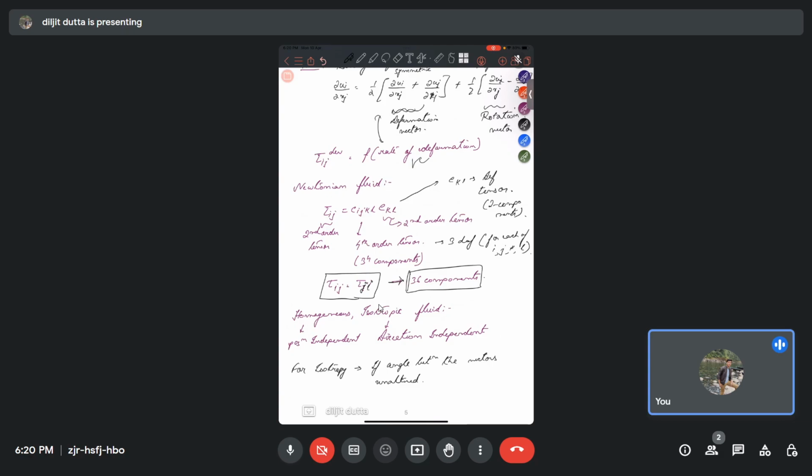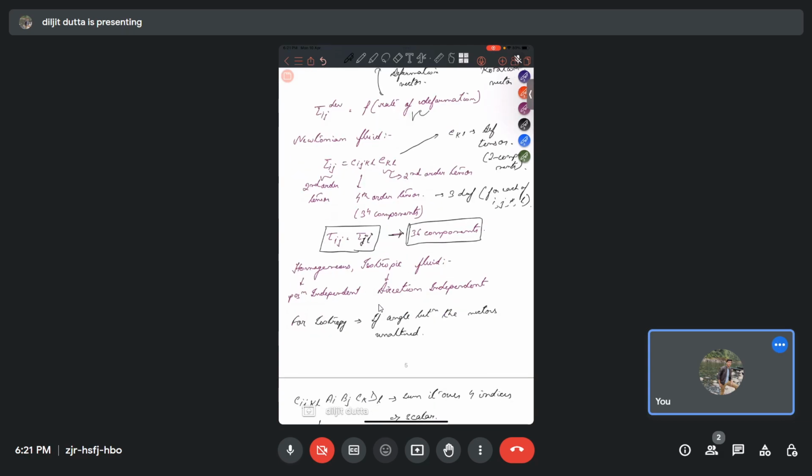Okay, so after this, what do we consider? Still, solving for 36 components is again a very complicated case, so there will be a large number of terms. To reduce the number of components, we consider a homogeneous and isotropic fluid. What do you mean by a homogeneous fluid?